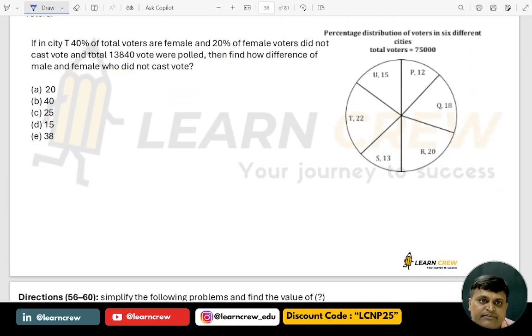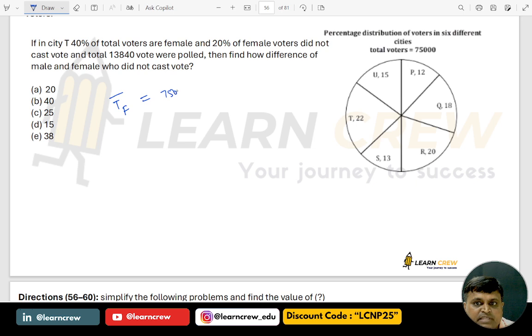In city T, 40% of total voters are females and 20% of female voters did not cast vote, and total 13,840 votes were polled. Then find the difference of male and female voters who did not cast vote. So if you see here in city T, total number of females who did not cast, bar I have given, is how much?